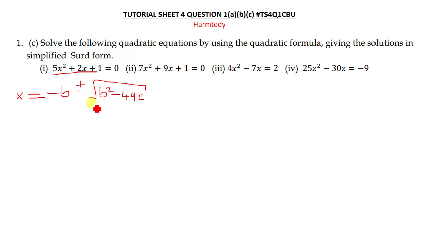So b squared minus 4ac is called the discriminant. So we can now plug in the values. So what is our b in this equation? Our b is simply just 2x. So we're getting it from this format.